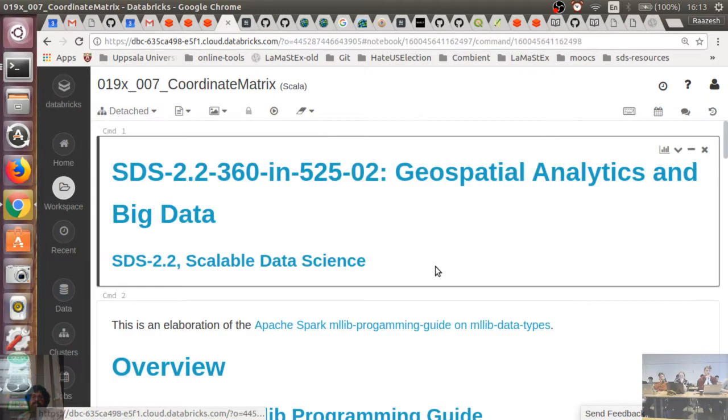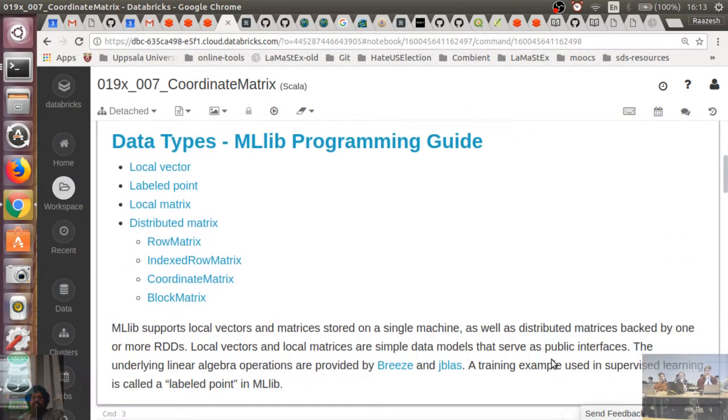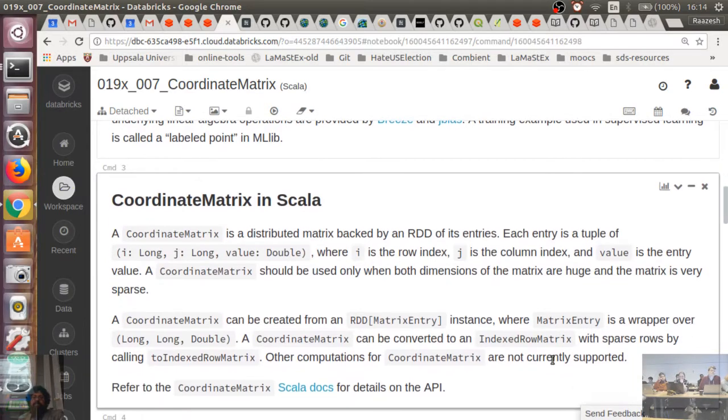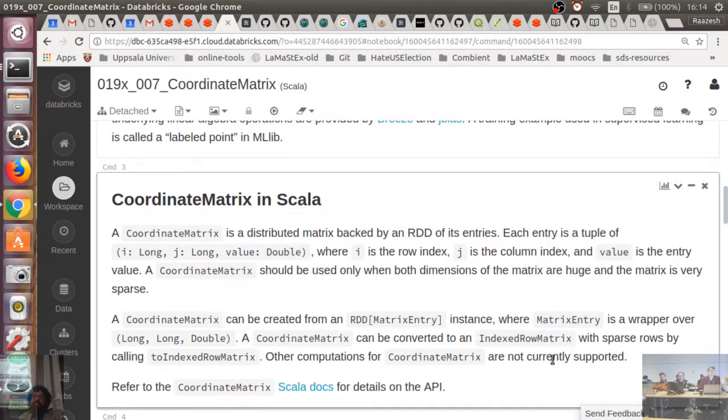So then this one's like the crazy one, I think. Yeah, this one's like every ij-th entry matters. This is getting close to a graph now, but without the elegance of being able to represent graphs in a distributed setting. So this means you can now say a coordinate matrix, a distributed matrix backed by an RDD of its entries. Each entry is a tuple of i, j, the long integer for coordinate i and long integer for coordinate j, and some double value.